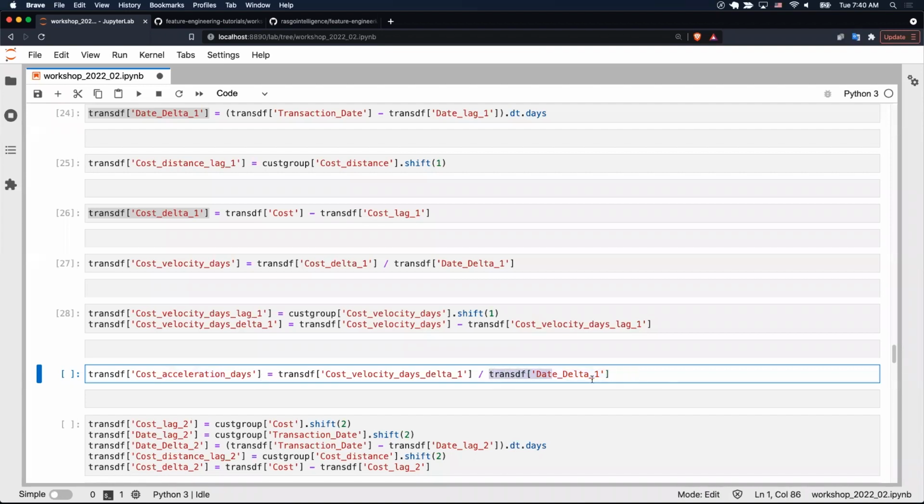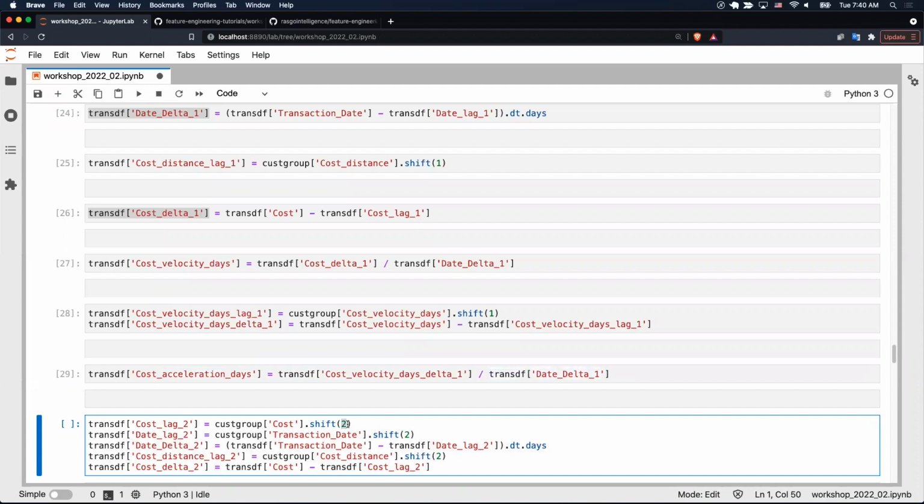I don't know if this short of a window is really meaningful, but there's no reason I couldn't go back 2 transactions and do something similar, or 3 transactions and do something similar.